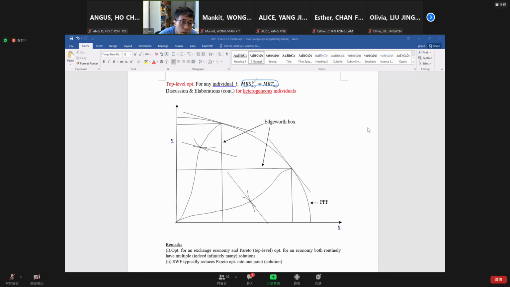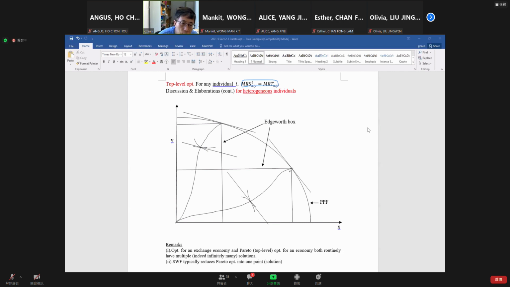And if we bring together the 2 numbers and they equal each other, we get the so-called social optimal or top level optimal. And at that point, this number, the marginal rate of substitution for both Alice and Bob, they both equal the marginal rate of transformation.